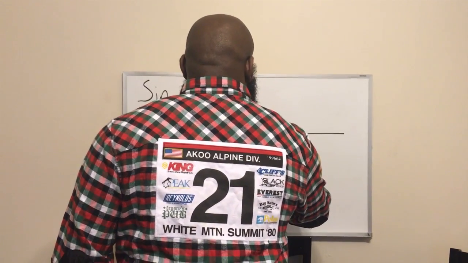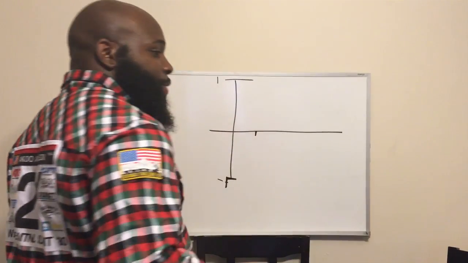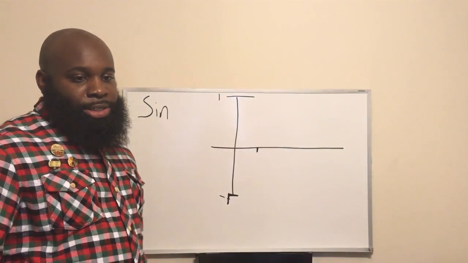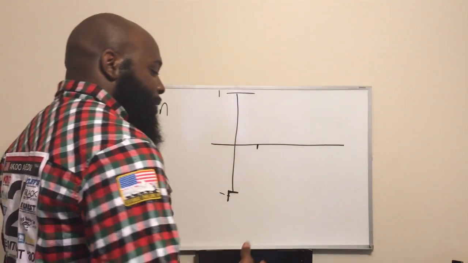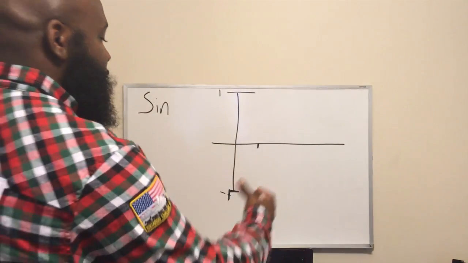If you remember in the unit circle, you have your 0 degrees, your 90 degrees, your 180 degrees, your 270, and 360, which is 2 pi. So basically we're going to plot each of those endpoints.